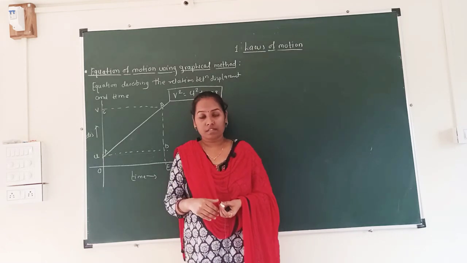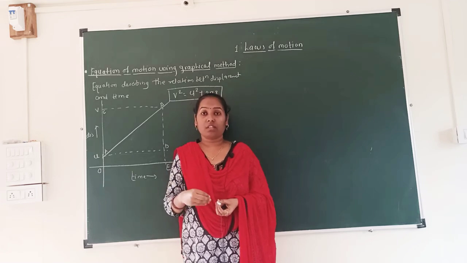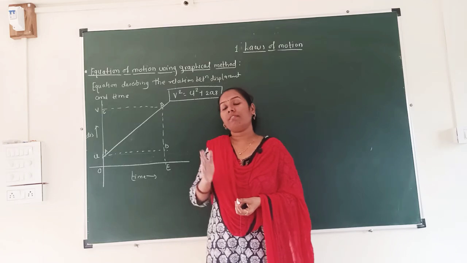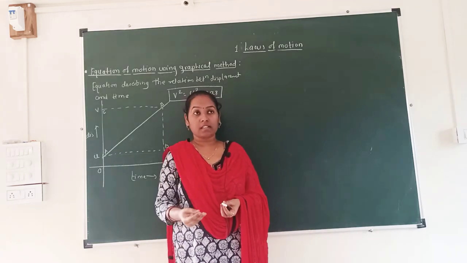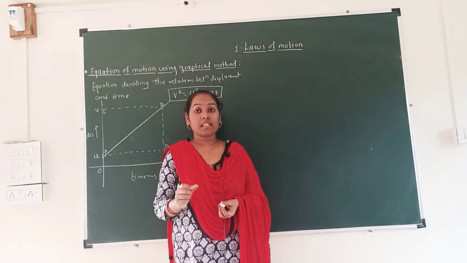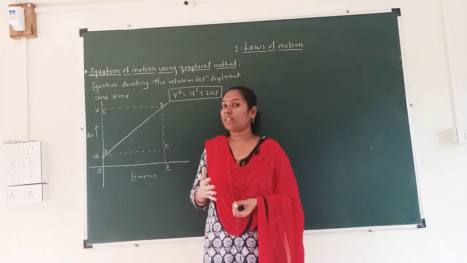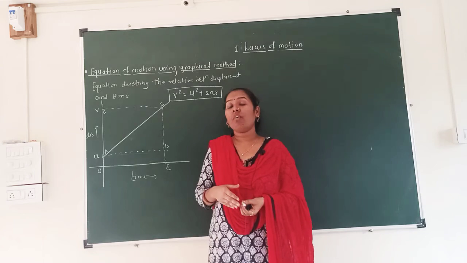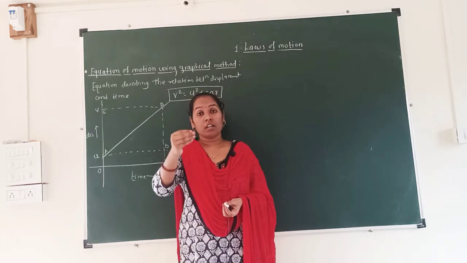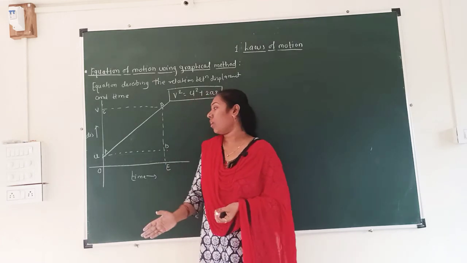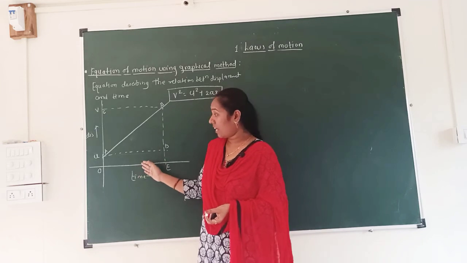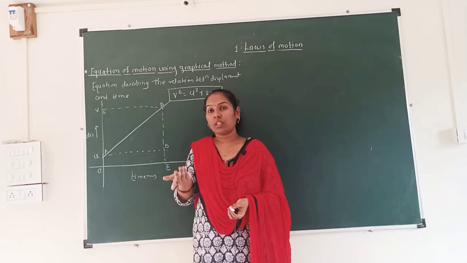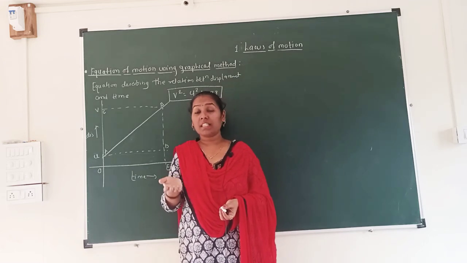In this equation also we are going to calculate the distance, and when you want to calculate distance there is always the symbol s. And how do we calculate the distance? We consider the area of a section. In a previous video we considered the area of a rectangle. In this video we are going to consider the same rectangle, but change the name: it is nothing but the trapezium.